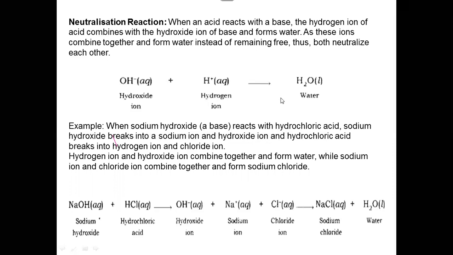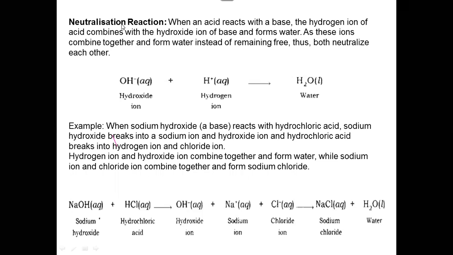They combine to give a neutral water molecule. This is called neutralization. So neutralization is a reaction of the H plus ion of an acid and the OH minus ion of a base to give an unionized, or neutral, water molecule.